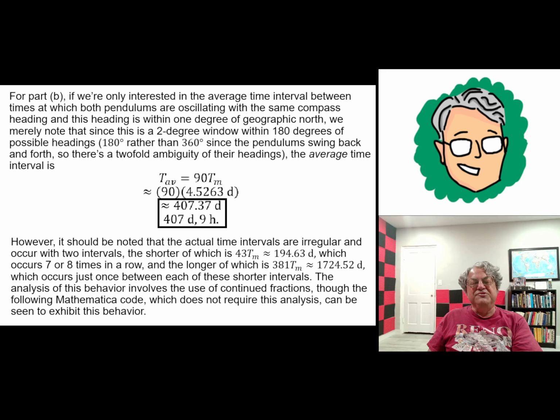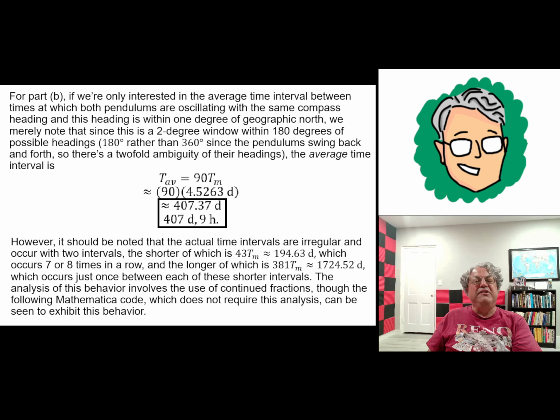There's a total of 180 possible degrees of headings. Remember, there's an ambiguity of a factor of 2 because the pendulums are oscillating back and forth, so we only care about the heading within 180 degrees. So there's 180 degrees of possibilities and only 2 degrees of possibilities within 1 degree of geographic north.